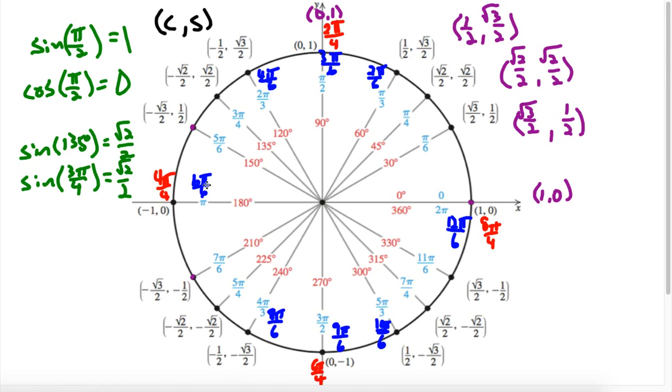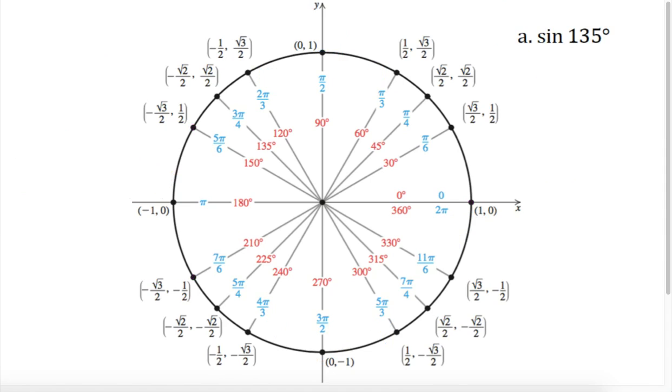Okay, so on the back of your paper, there are a few examples that we want to run through, just making sure we understand how to use the unit circle. So the first is actually the sine of 135, right? And we just said that that was the square root of 2 over 2, because the y value of that coordinate point on the unit circle is the square root of 2 over 2.